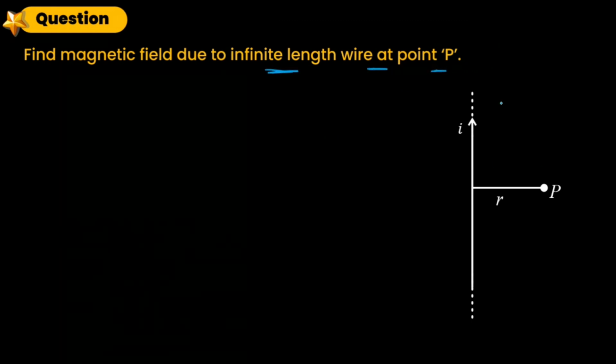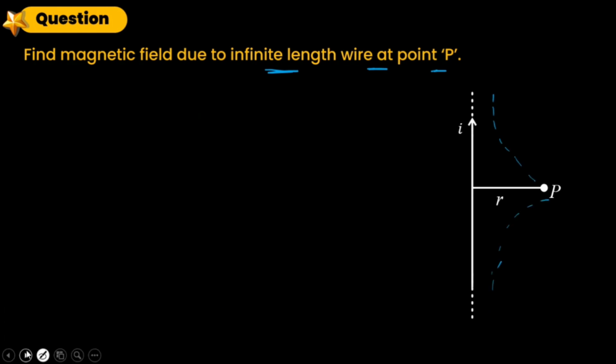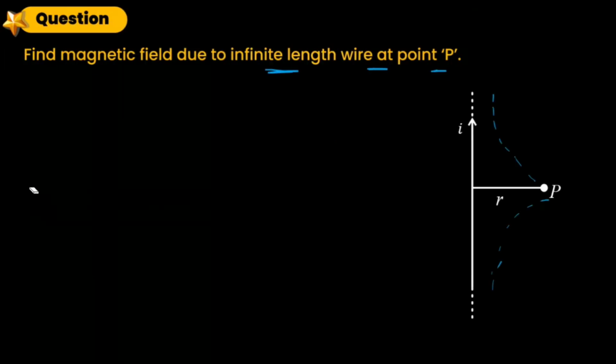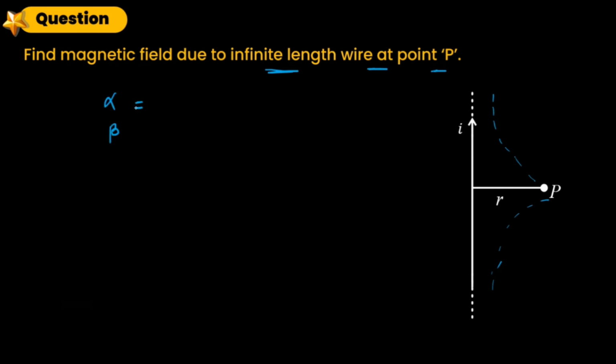Now assume this thing. Whenever there is an infinite wire, are we able to find out the angles alpha and beta? Can we find out that angle? So what should be alpha and beta in these cases? Because we simply have to substitute the value of alpha and beta and we get the value of magnetic field.